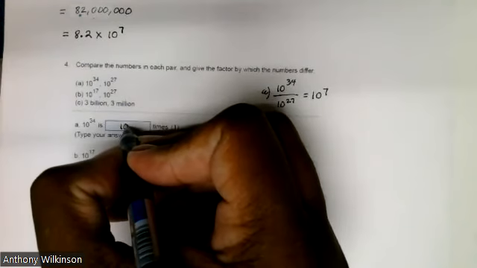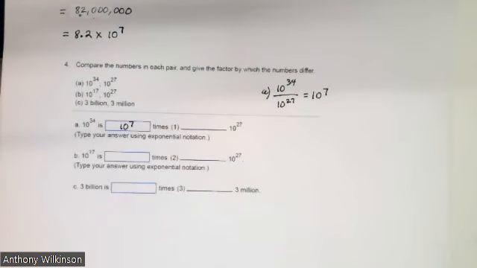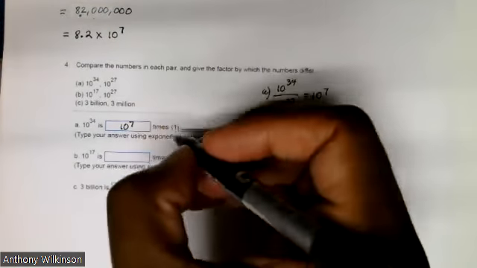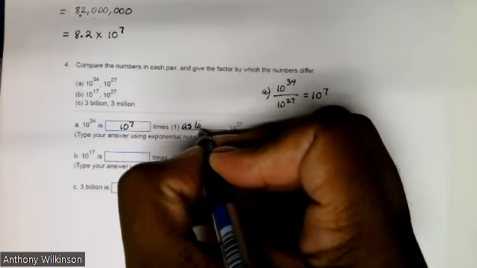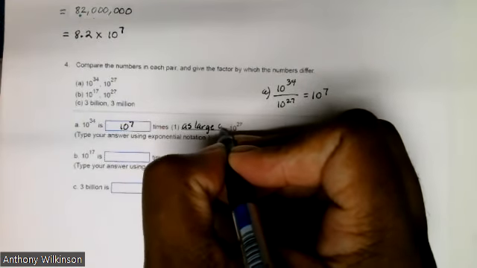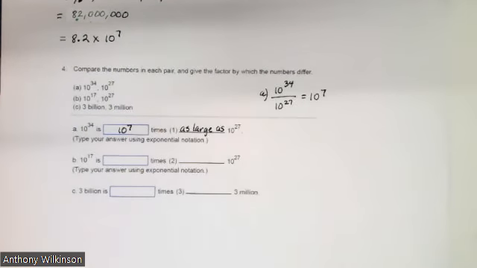So it'll be 10 to the 7th, meaning that 10 to the 34th is 10 to the 7th times. And since it's positive, it's going to be as large as 10 to the 27th. So to complete that sentence, 10 to the 34th is 10 to the 7th times as large as 10 to the 27th.